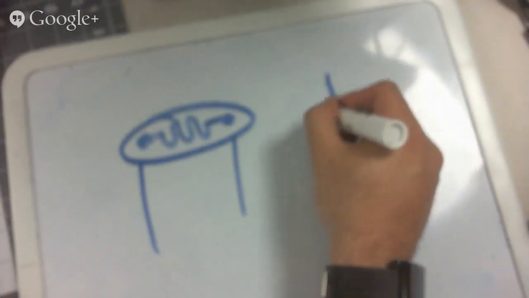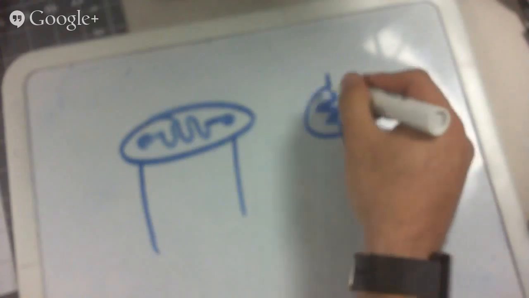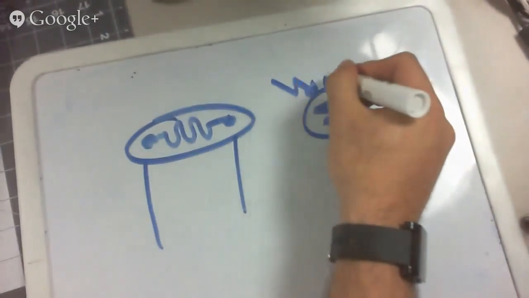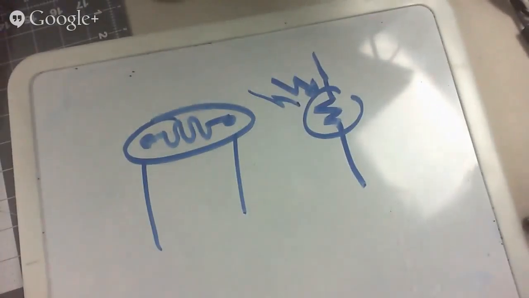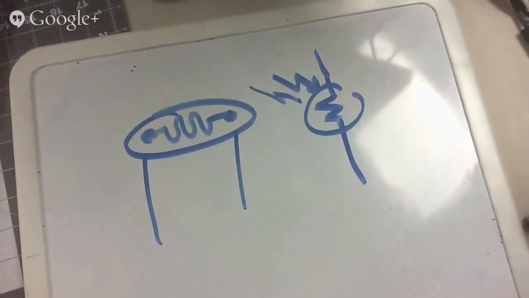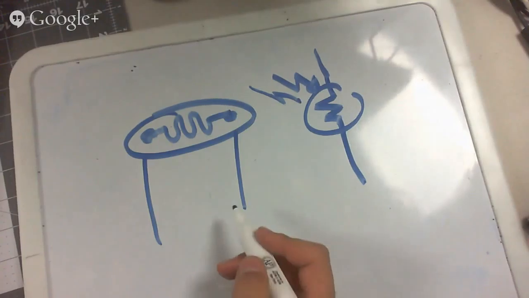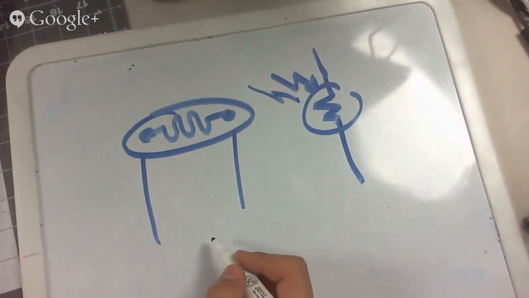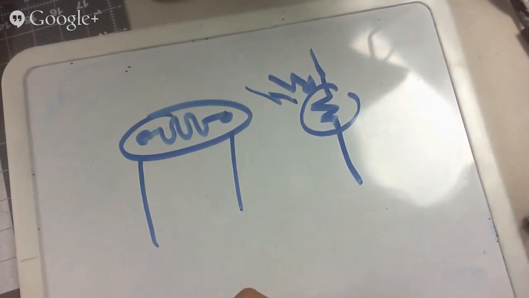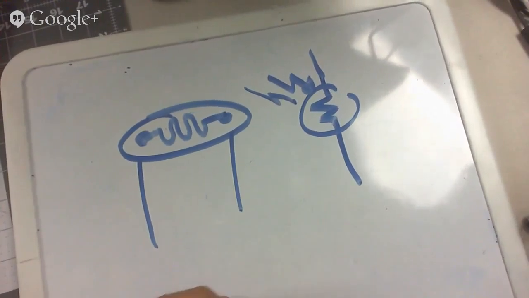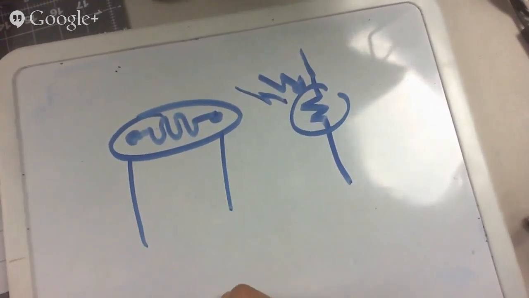Usually I think the symbol is like a little resistor circle around it with little arrows indicating light. The more light they're hit with, the more they reduce their resistance. The darker it is, the more resistive they are.